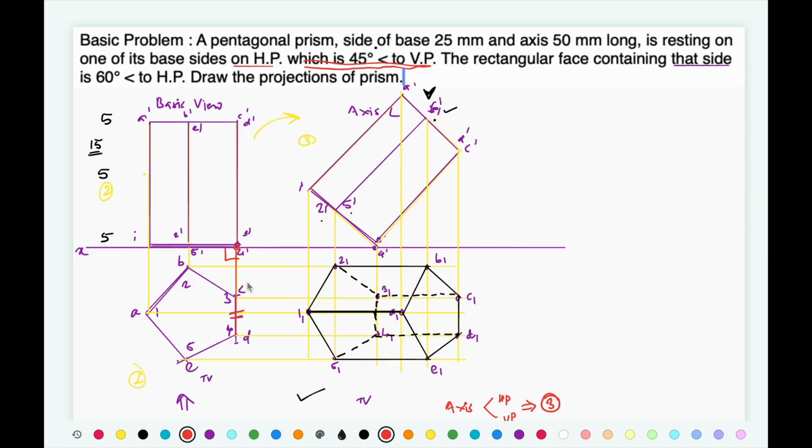In the basic view we have drawn it perpendicular to XY. The same side 3 dash 4 dash, that we have drawn over here, this is the side. This side is still perpendicular to the XY line.